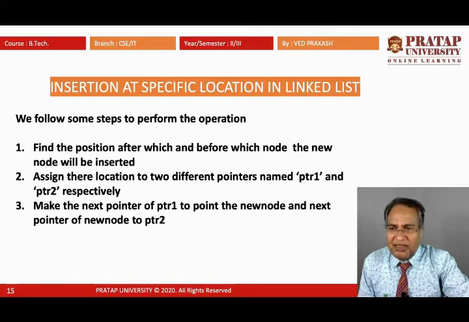Second, assign their locations to two different pointers named PTR1 and PTR2 respectively. Third, make the next pointer of PTR1 point to the new node and the next pointer of the new node point to PTR2. So we will set these values and then process our insertion operation.